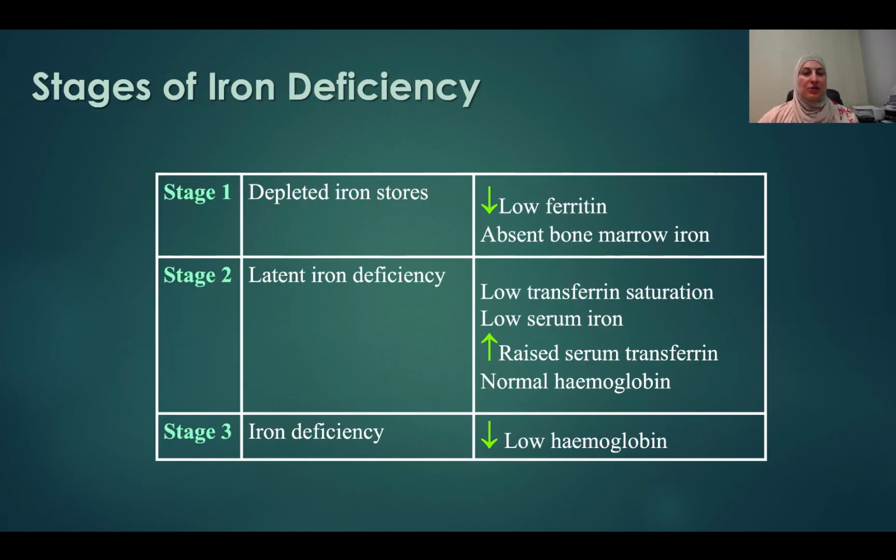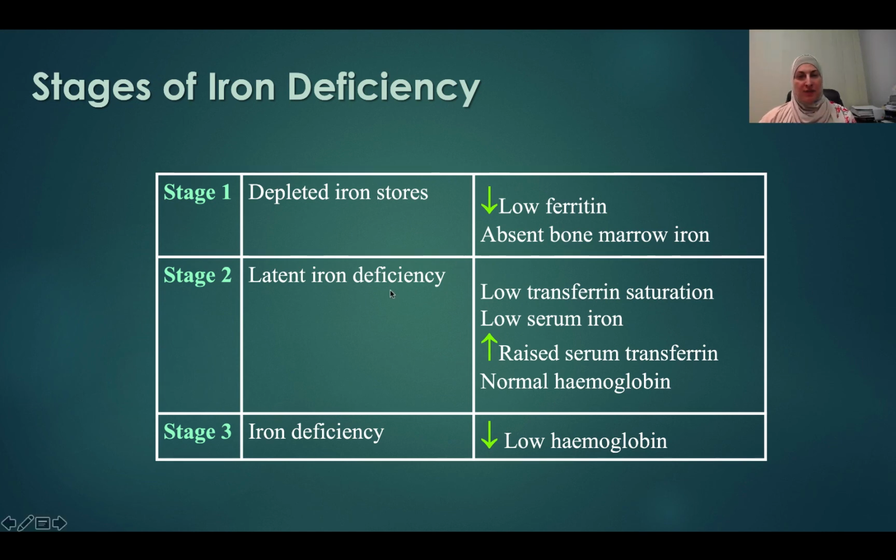So these are the stages of iron deficiency. The first stage, when there is no anemia yet, the iron stores are depleted, so this is why there is a lower amount of ferritin. There is no need for synthesizing ferritin to hold iron, because there is no iron, no stores of iron.